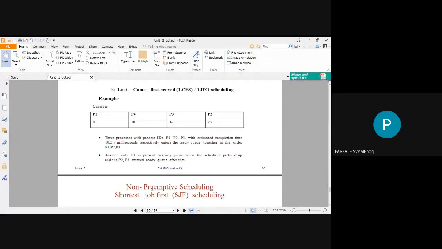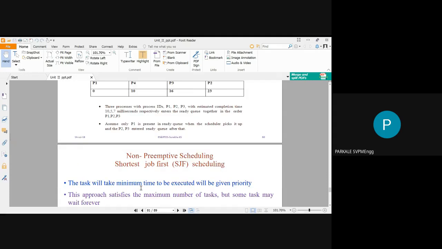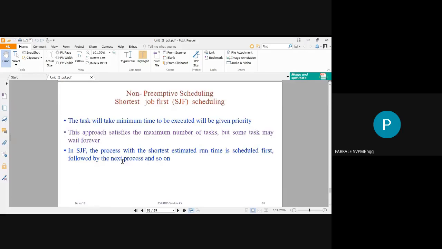So the shortest job first scheduling algorithm works on a very simple principle: it schedules the execution of your tasks such that the process which requires the smallest execution time is selected first, and then accordingly the same principle selects the next task. The task that will take the minimum time to be executed is given the priority.